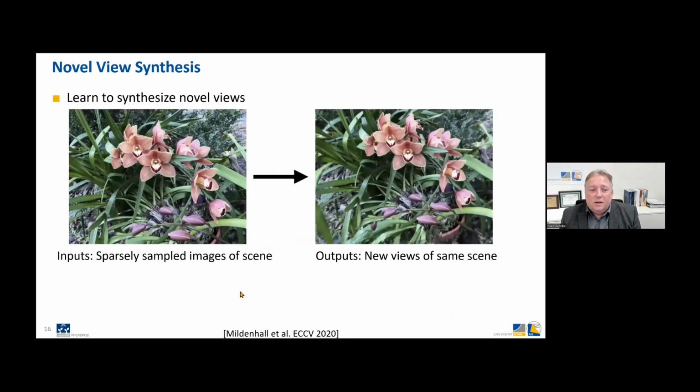The general idea is that we have some images of the scene from different viewpoints, and we have a mechanism that generates a novel view, an image from a different viewpoint of the same scene. And if that is possible, of course there is an if in the sentence, then we must have somewhere a good model of the scene.